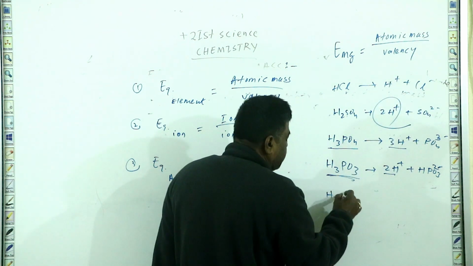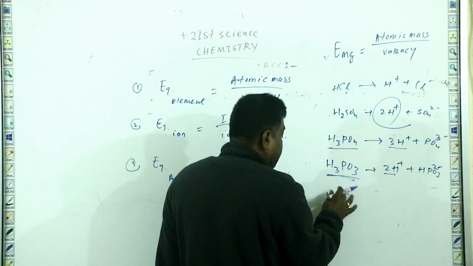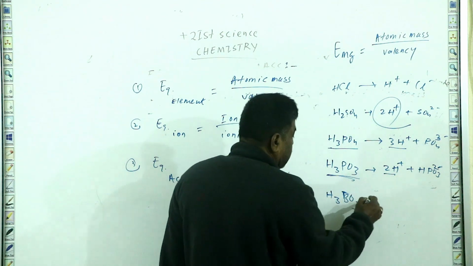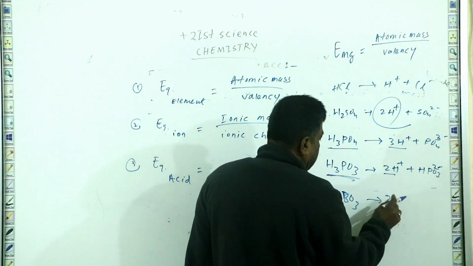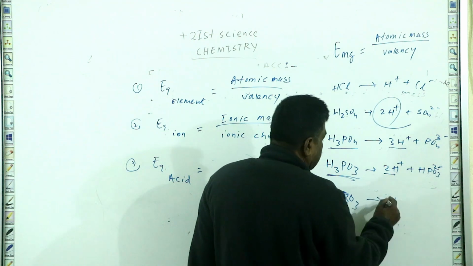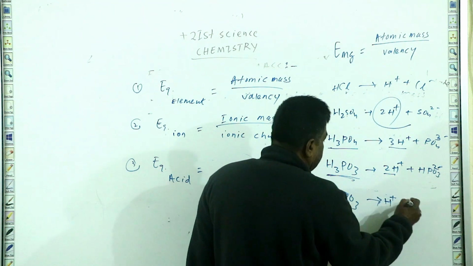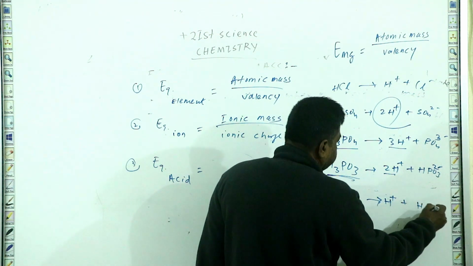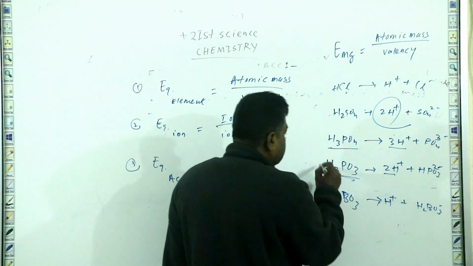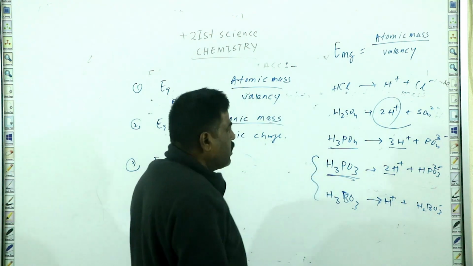When I talk about boric acid, H3BO3, it gives 1 H plus ion and H2BO3 minus. So these two are exceptions.